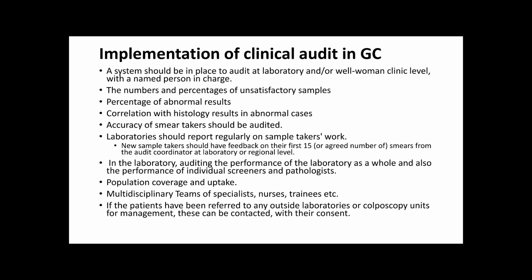Correlation with the histological results in abnormal cases. This would involve re-examining cytology and the relevant histology slides to assess the accuracy of original reports and their management recommendations. Accuracy of the smear takers should be audited and such results made available to them.